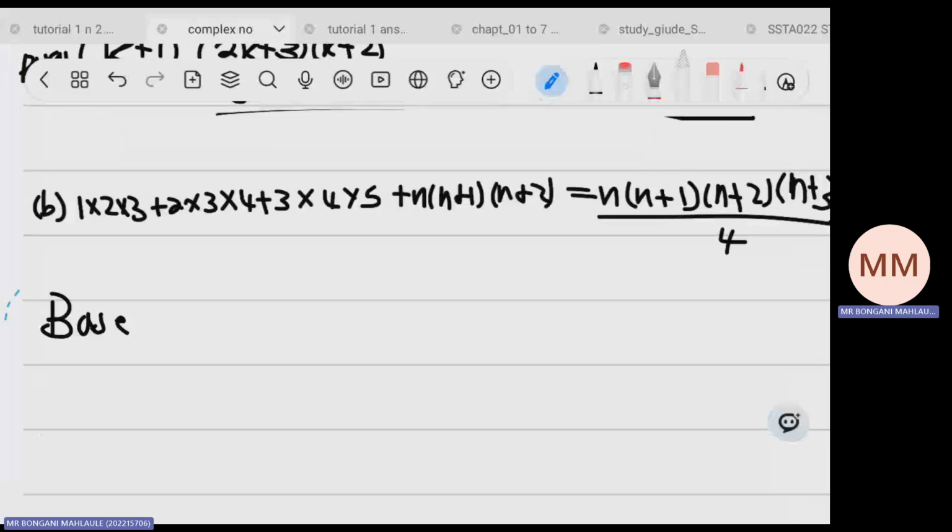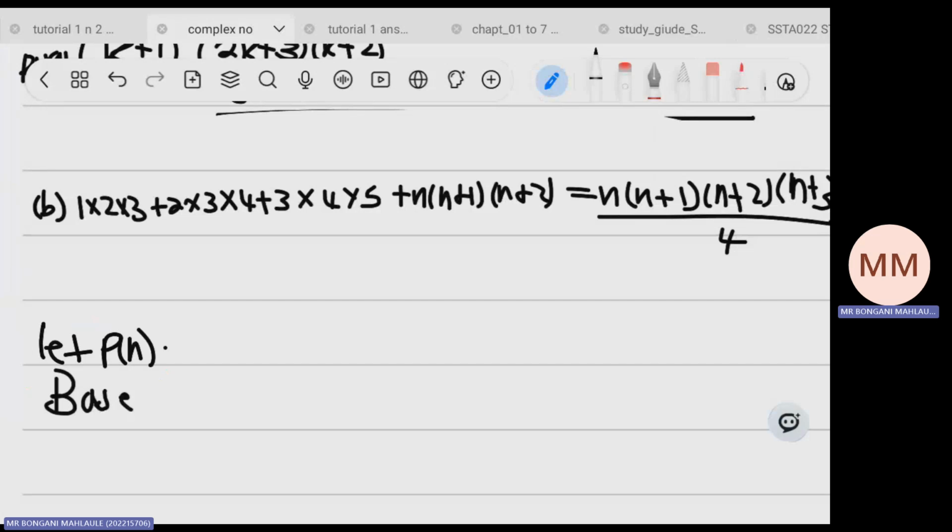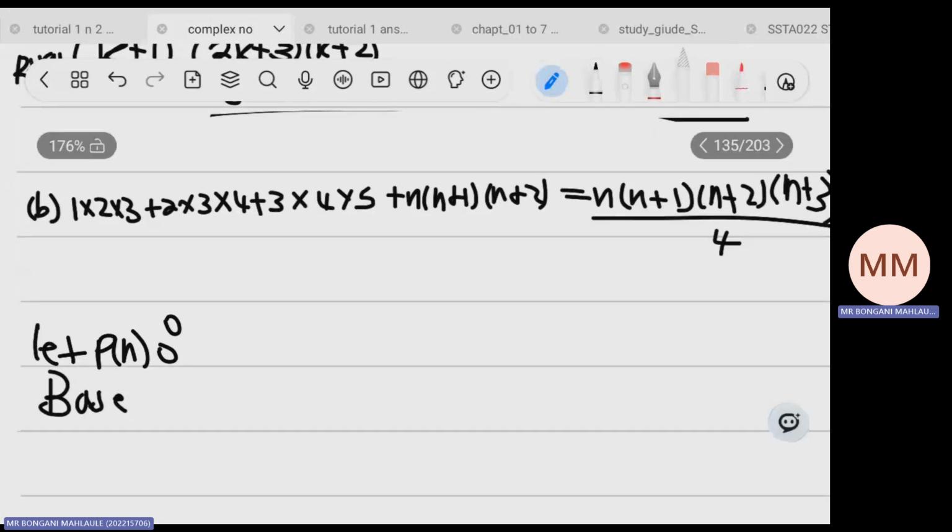Actually, before the base case, you're going to say let P of n be the statement is this.